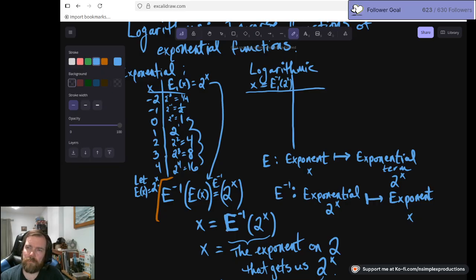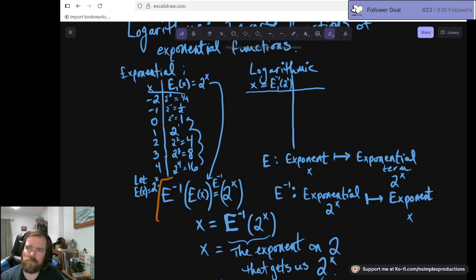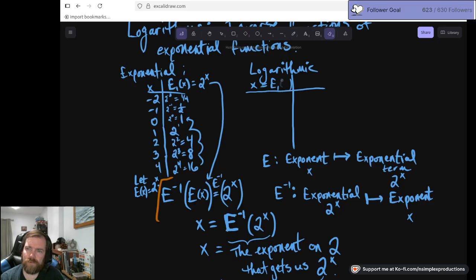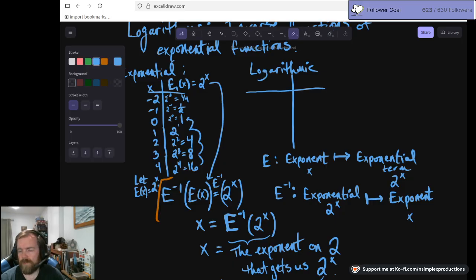That's on the other side. Okay, this stuff over here should be e inverse of 2 to the x, whereas this should be our new input.